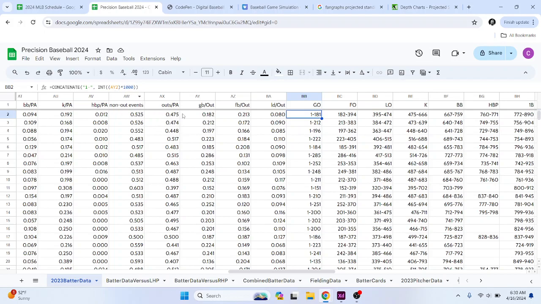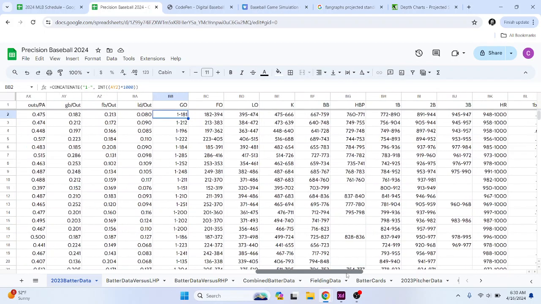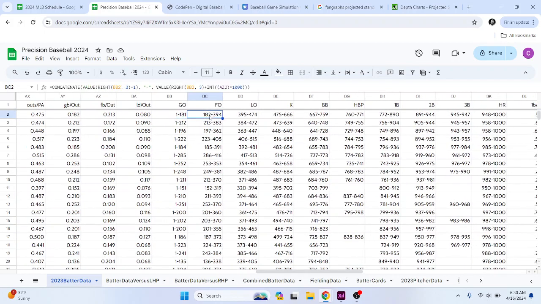So it's basically this number here times 1,000. So 1, 2, 3, it moves the decimal all the way over 3 spaces and becomes a whole number of 181. So I do that, and then for the next one, I look at this 181, I add 1, so that makes it a 182.